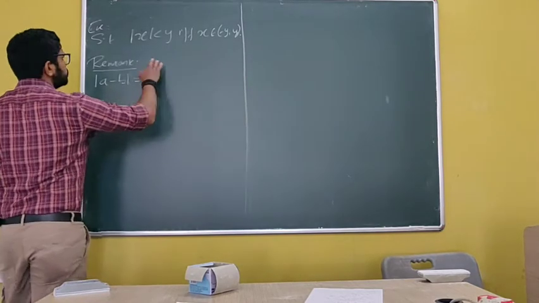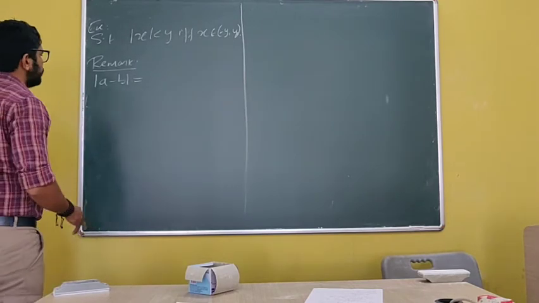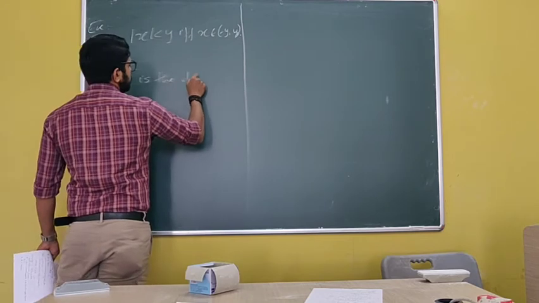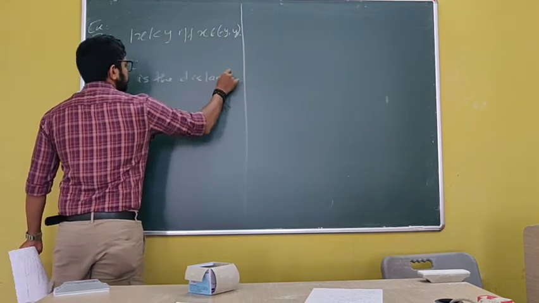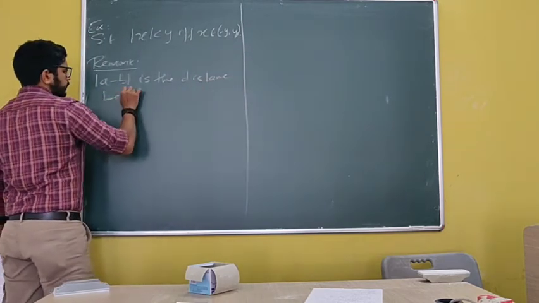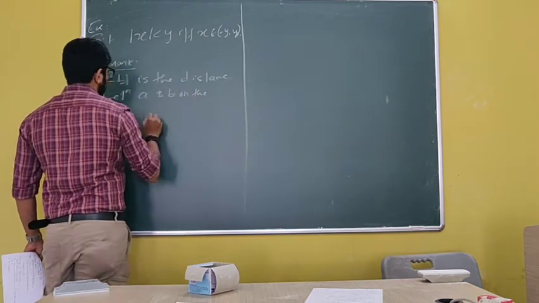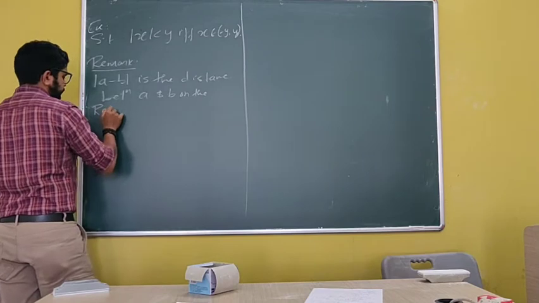Modulus of a minus b is the distance between a and b, right? So let me write this as distance between a and b on the real number line.